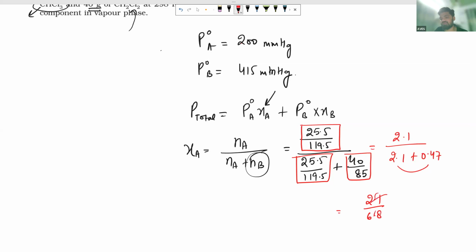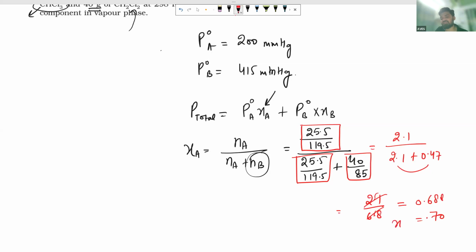The exact value is 0.688, which you can consider as 0.7, because we are doing the approximation. So this is 0.7.